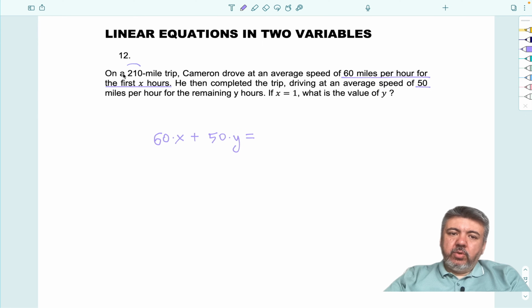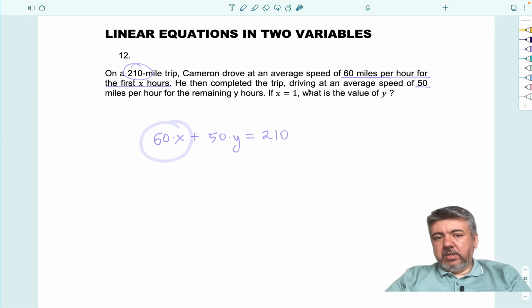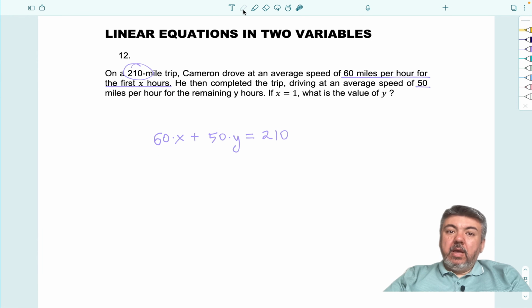And the trip took 210 miles. So when you multiply the speed of the vehicle and the duration, you get the distance. And this is the total distance after all.